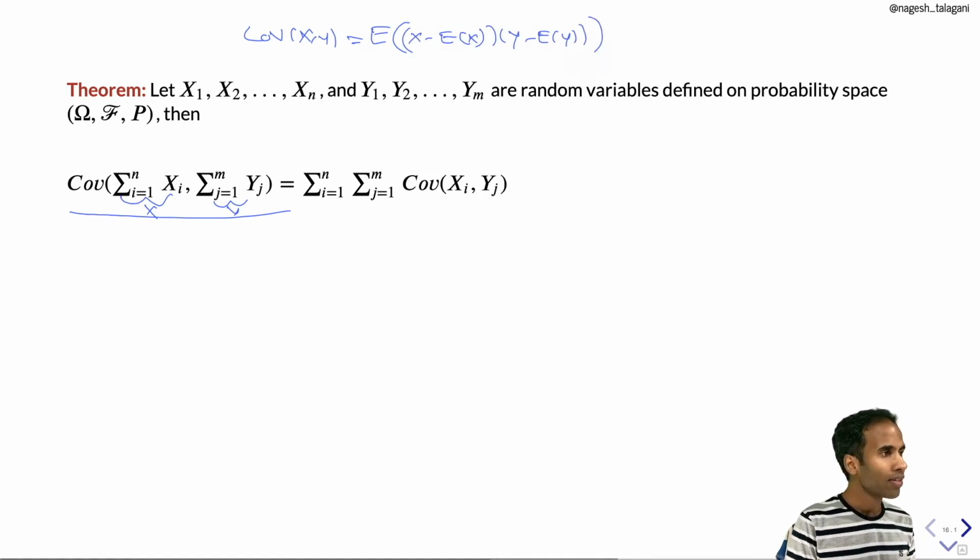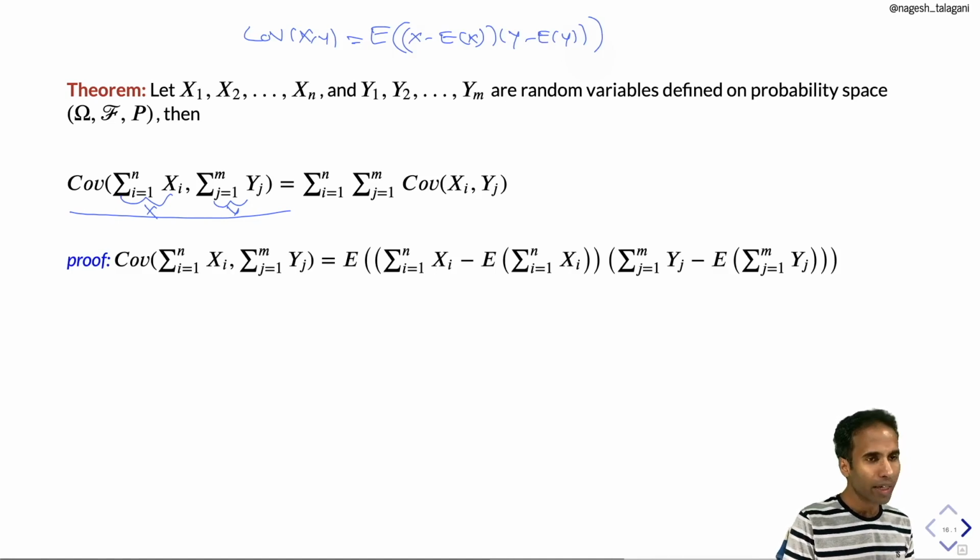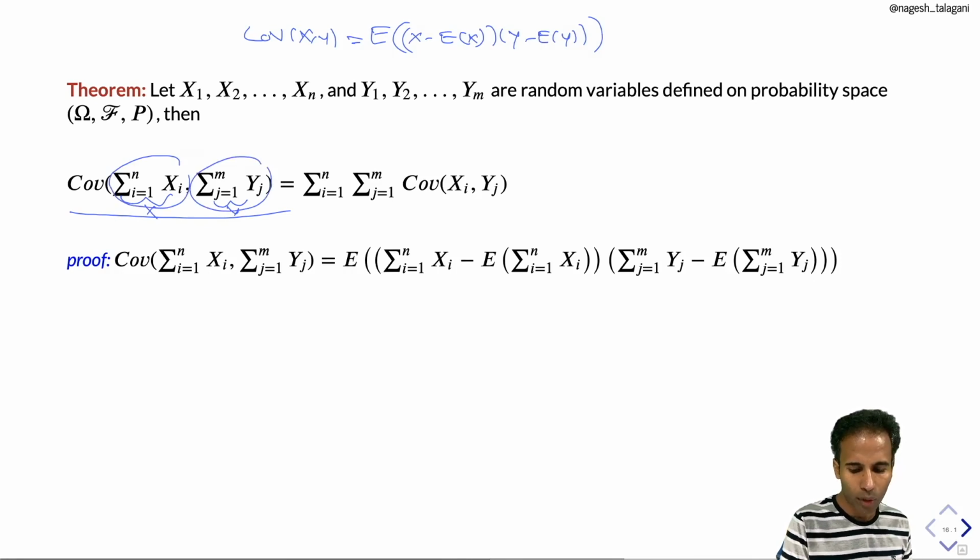Now let's start with the left hand side and apply the definition of covariance of x comma y, where x is this, y is this. So we have the expectation of the summation i equal to 1 to n xi minus expectation of summation i equal to 1 to n xi, times summation j equal to 1 to m yj minus expectation of summation j equal to 1 to m yj.